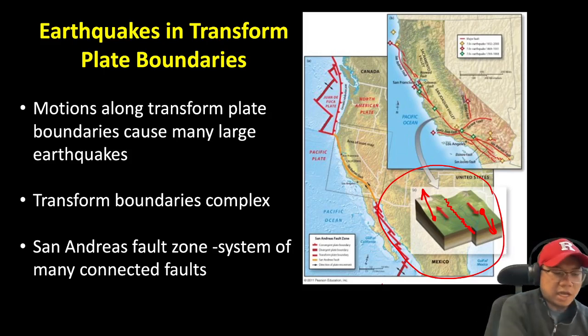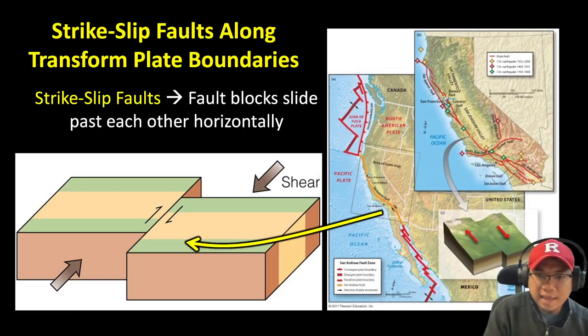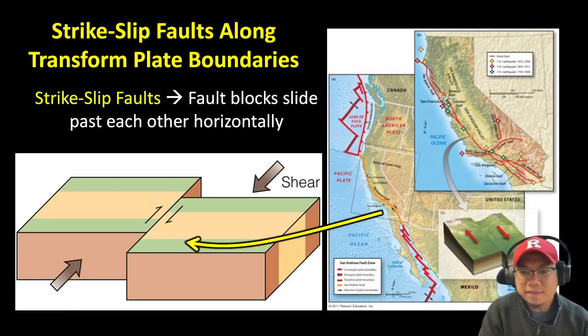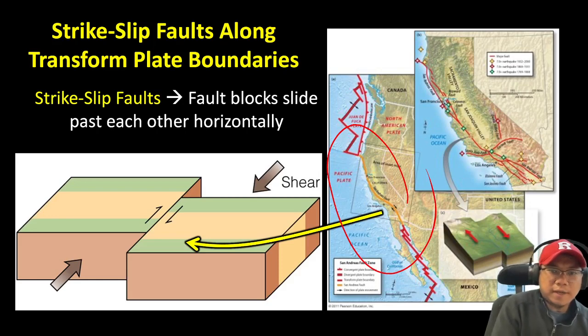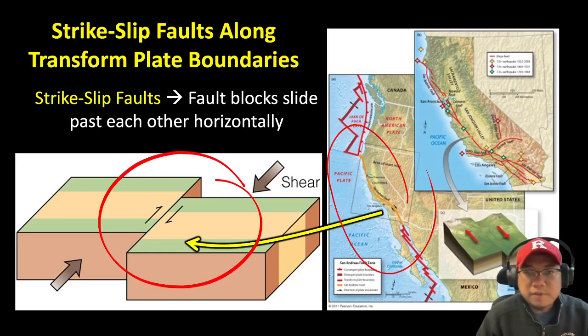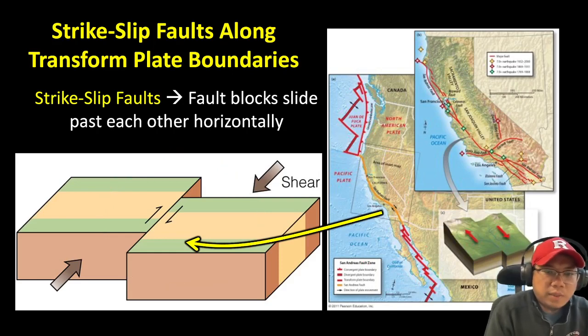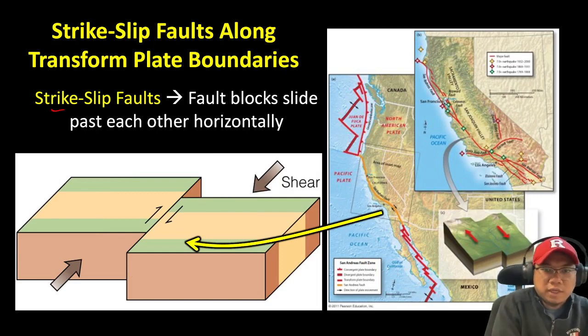Okay, the example would be definitely here, the San Andreas fault that we have on the western part of the United States right here, as illustrated by this picture on the left. Okay, and again, earthquakes will be generated along a fault, and the type of fault that we have in the San Andreas fault is called the strike-slip fault right here.